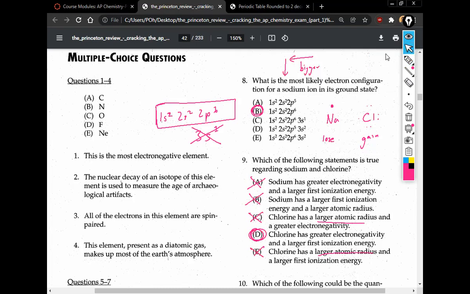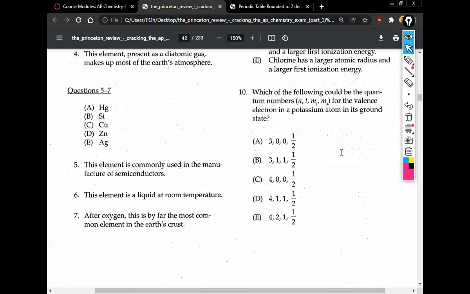Alrighty, you guys ready to move on? Okay, number 10. I'm going to give you guys a minute and a half to do this one. Which of the quantum numbers N, L, ML, and MS could be for the valence electron in potassium in its ground state?